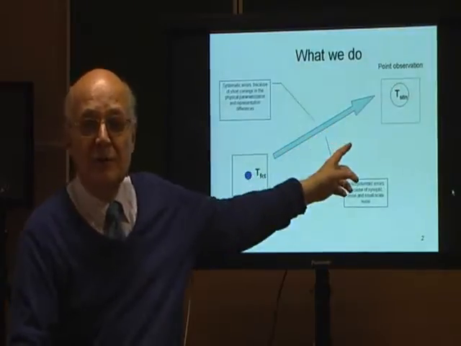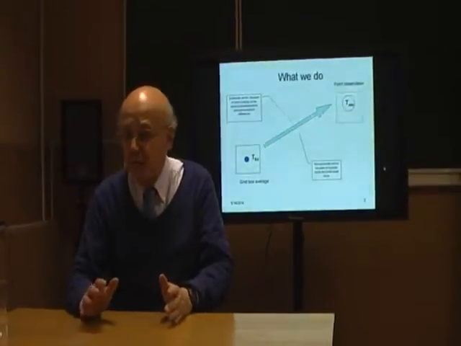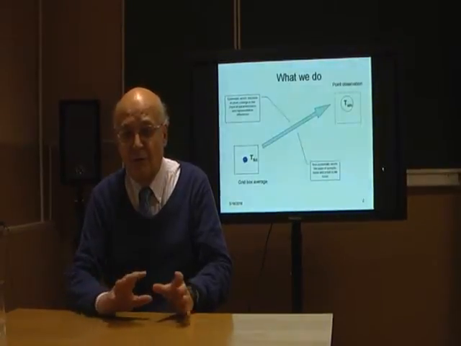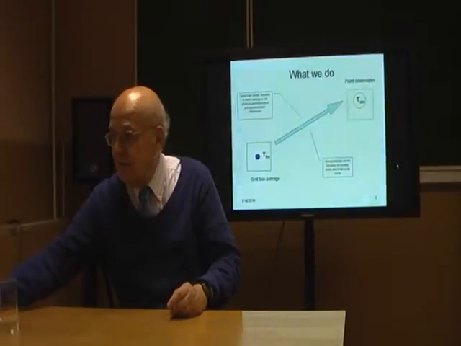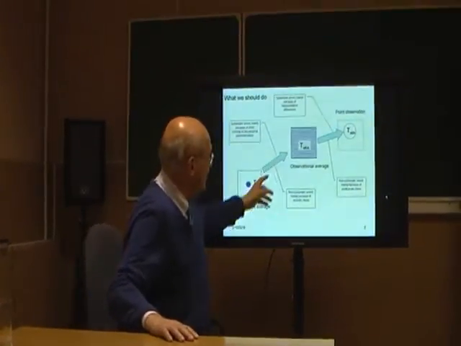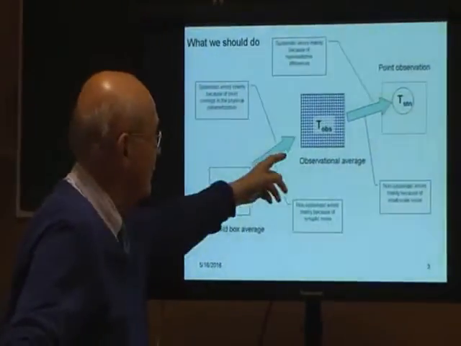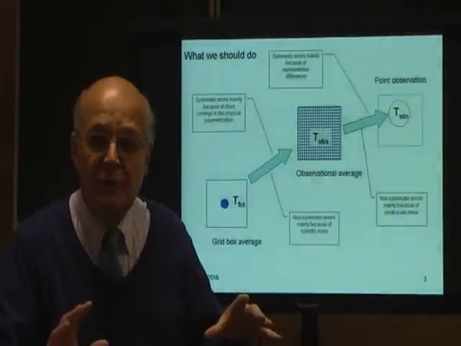with the observation. But to understand this problem more deeply, I think we must introduce an intermediate step, a bit abstract. And that is the following. Here we have, again, the same box, but now this box is filled with observations.